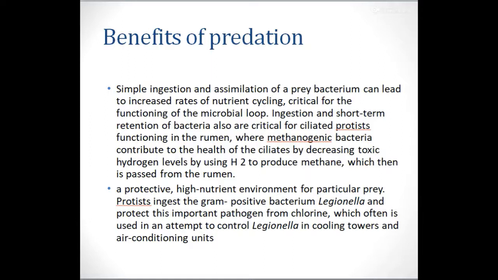In cooling towers and air conditioning units, chlorine is found to be inhibitory to the organism. So the protists found in that environment might sometimes predate onto gram-positive Legionella and protect it from chlorine.